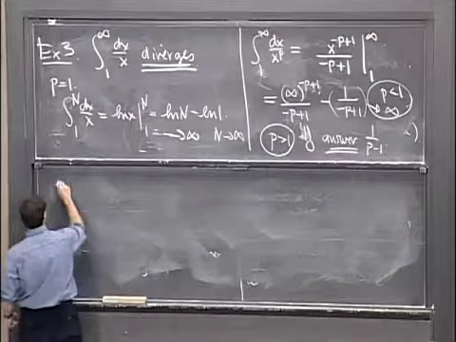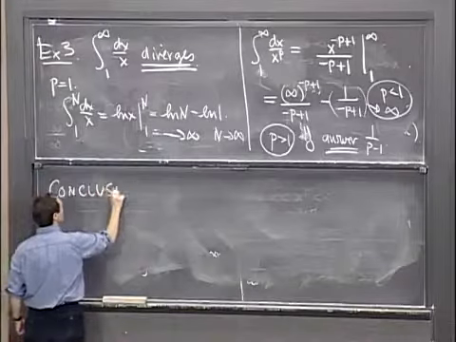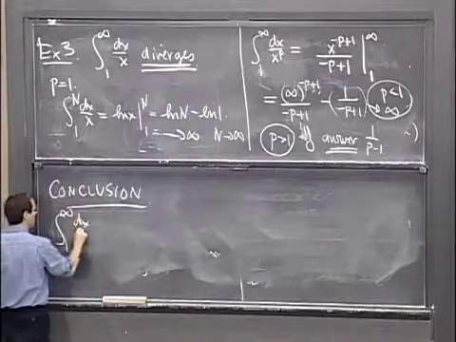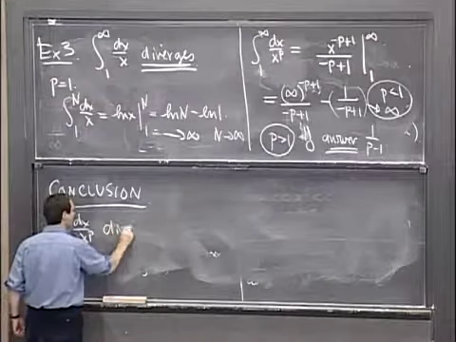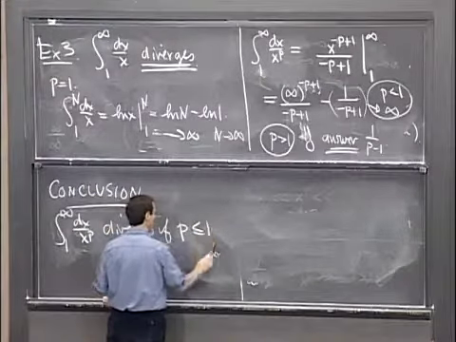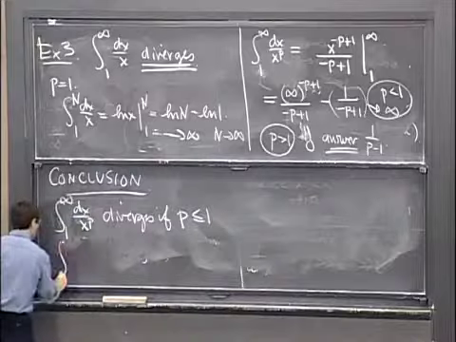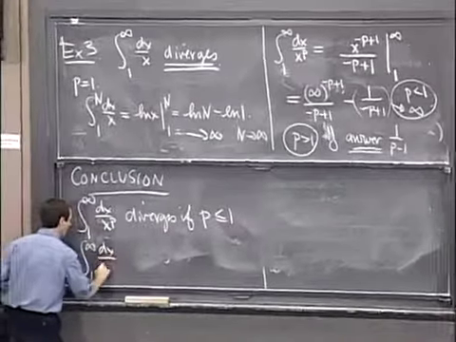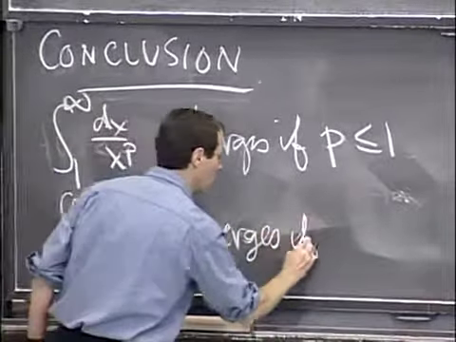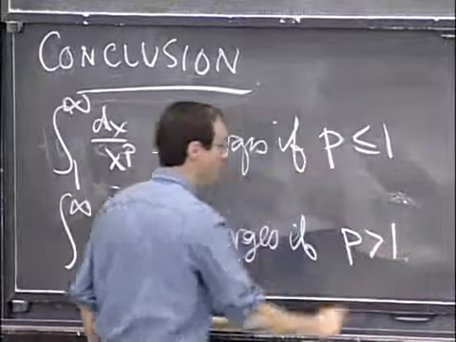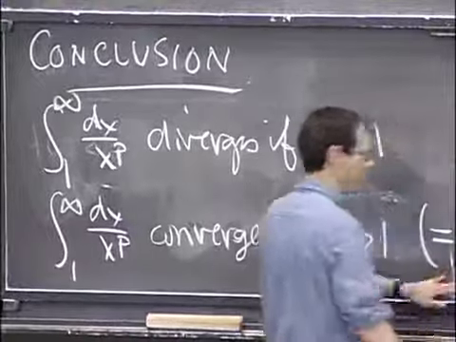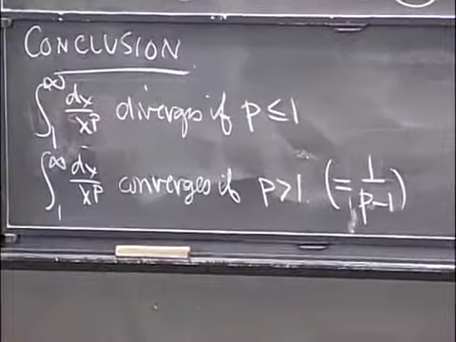So the conclusion is that the integral from 1 to infinity dx over x to the p diverges if p is less than or equal to 1 and converges if p is greater than 1. And in fact, we can actually evaluate it. It's equal to 1 over p minus 1. It's got a nice, clean formula, even.